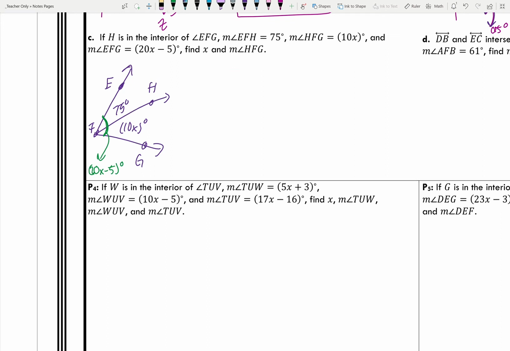We have the angle addition postulate, we know it. So the measure of angle EFG, 20x minus 5, is equal to the measure of angle EFH, which is 75 degrees, plus the measure of angle HFG, which is 10x. Doing some algebra, subtract 10x from both sides, add 5 to both sides.